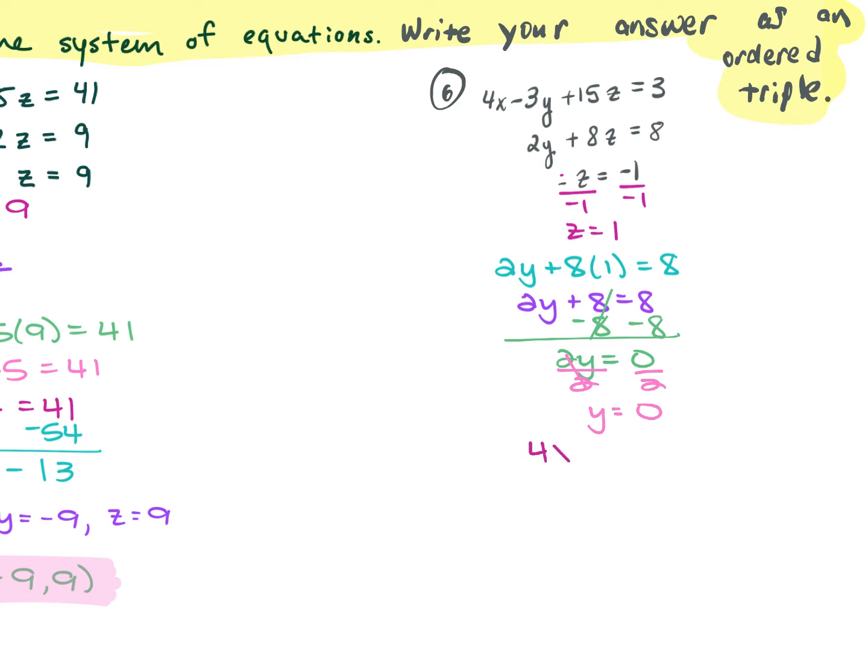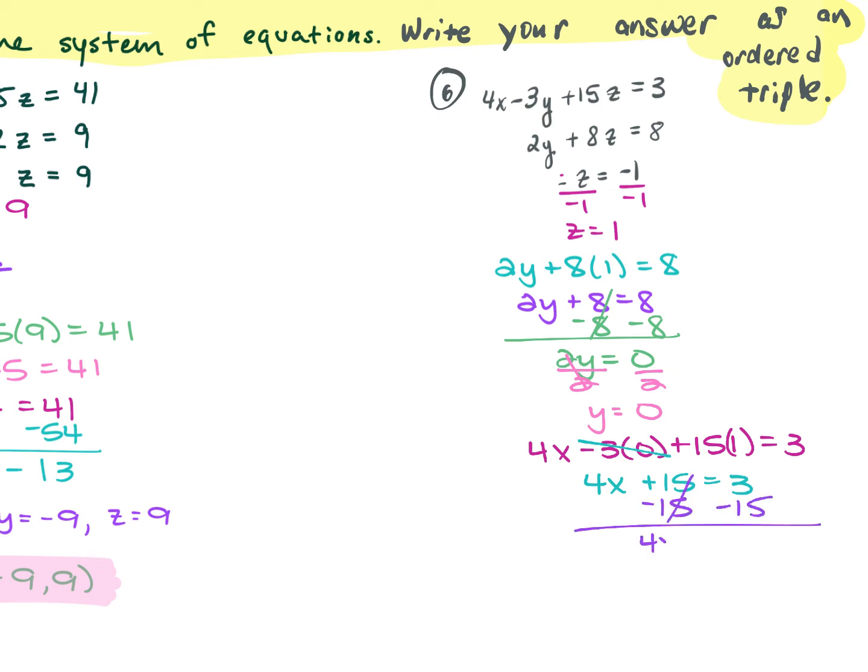So that's 4 times x minus 3 times y, which is 0, plus 15 times z, which is 1, is equal to 3. The negative 3 times 0 cancels out. 15 times 1 is 15, so that gives you 4x plus 15 is equal to 3. Move your 15 over, subtract it from both sides. That gives you 4x is equal to negative 12.